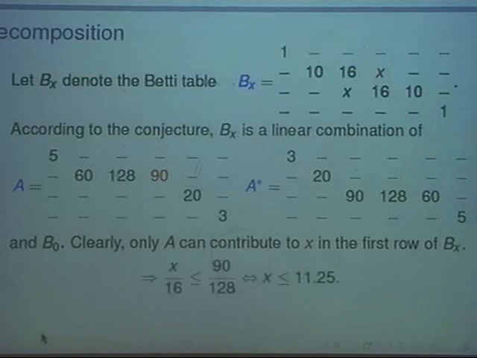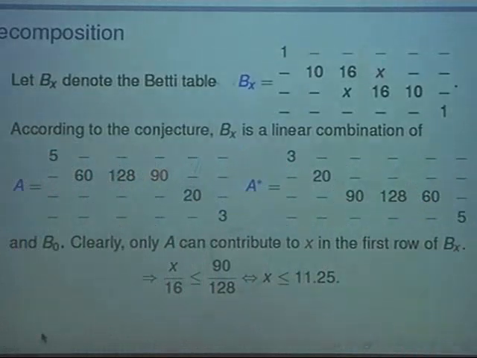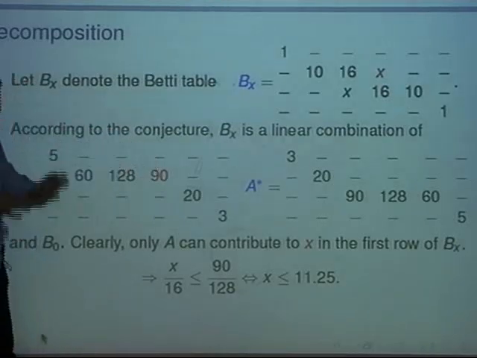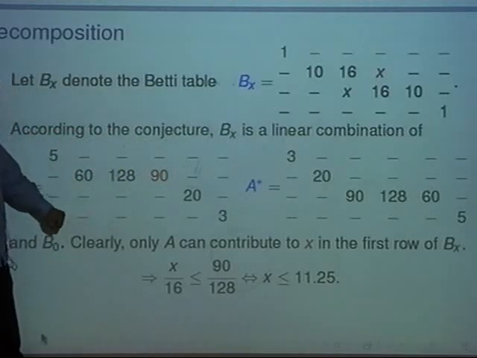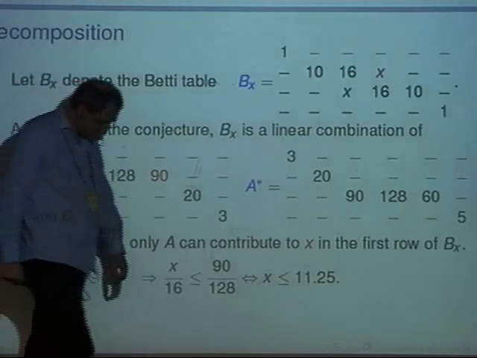So X divided by 16 is less than or equal to 90 divided by 128. So we have a rational multiple of this inside, and a bound on X divided by 16.